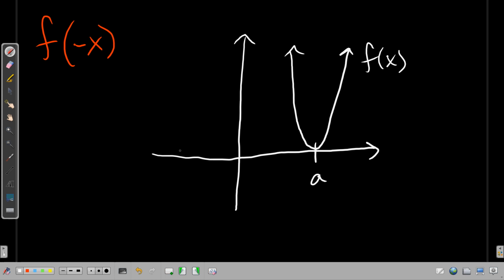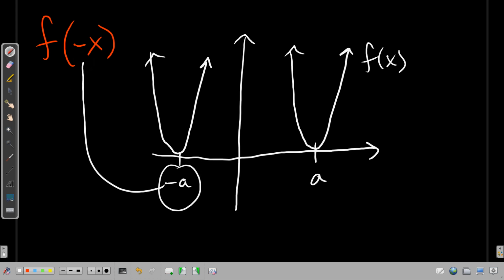The y values are not being modified, so it must be that if I look at f of minus a and put that curve there, and you substitute minus a into here, it says minus a negative a, which is just f of a.